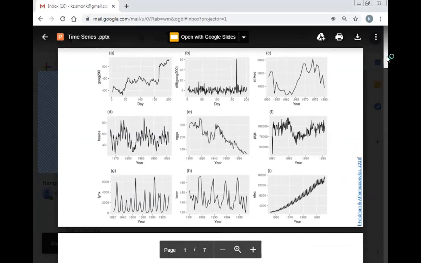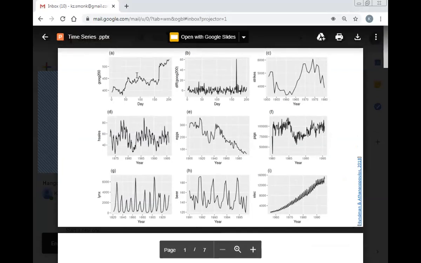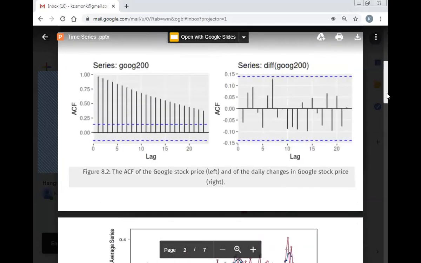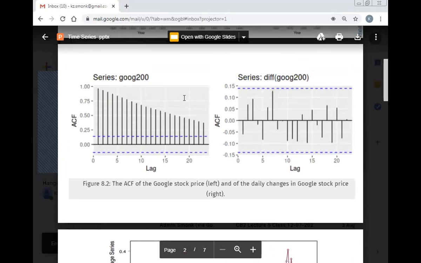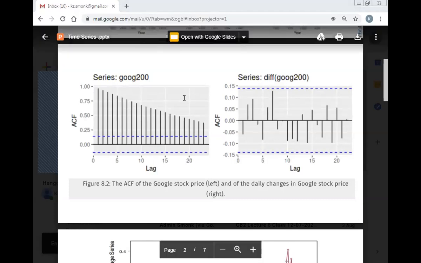Okay, good. So what I have done now is I'm just plotting the autocorrelation function for this graph and this graph. So I can clearly see that there is a trend in this graph, right? Now, if you look at the autocorrelation function, the correlogram which we have plotted here, you can easily see that it is decreasing.